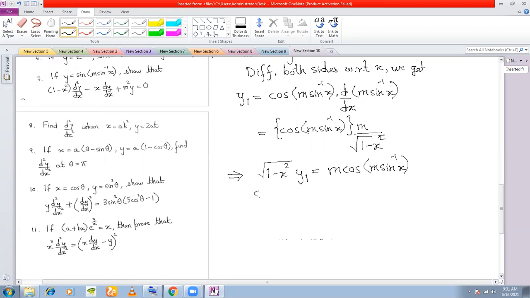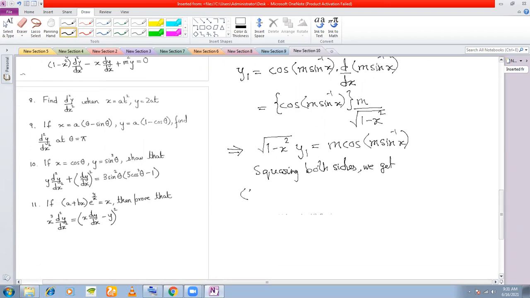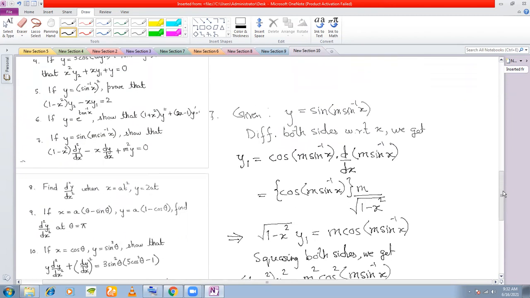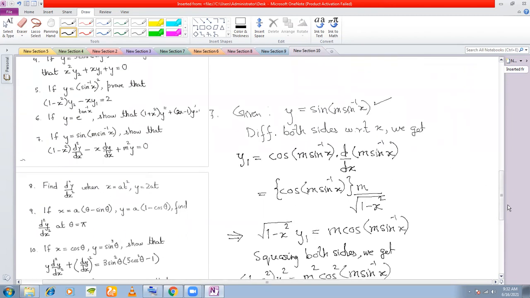In order to remove the radical, you square both sides. You get (1 minus x square) y1 square is equal to m square cos square(m sin inverse x). So you're getting cos square, right? Now what did we have here? y is equal to sine of something, right?